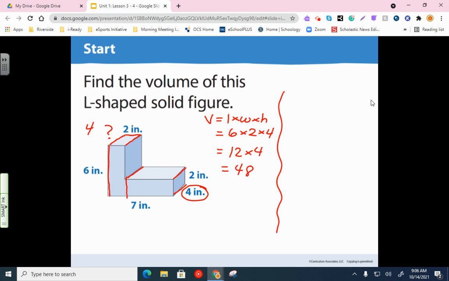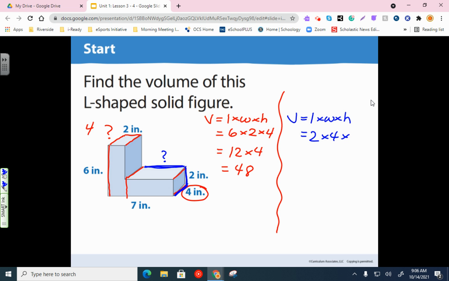All right, let's do the right-hand side. So I've got 2, and I've got the 4 right here. And you've got this one right here. So this is our mystery side.